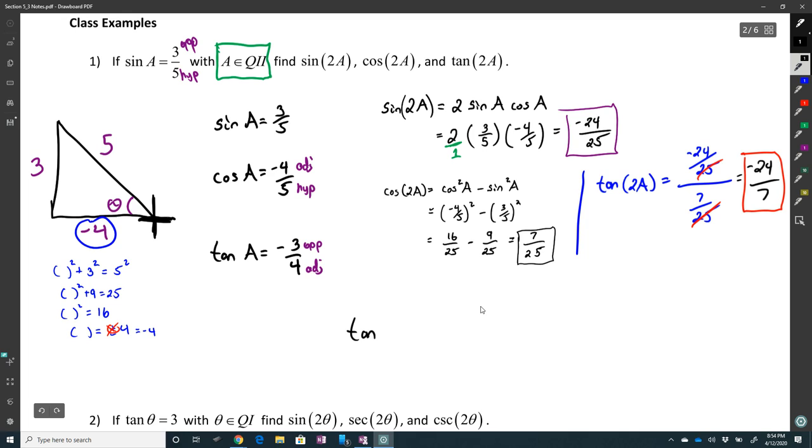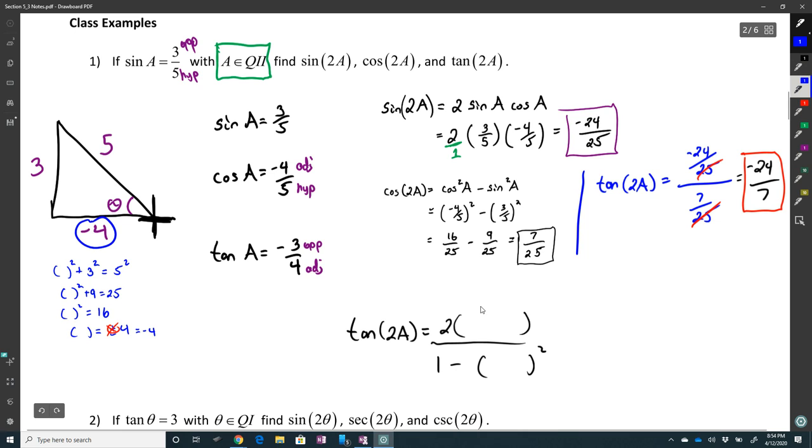But if you want, you can use the formula. The formula was 2 tangent over 1 minus tangent squared.